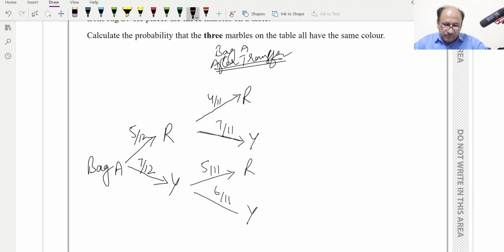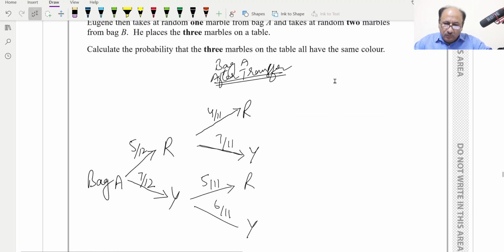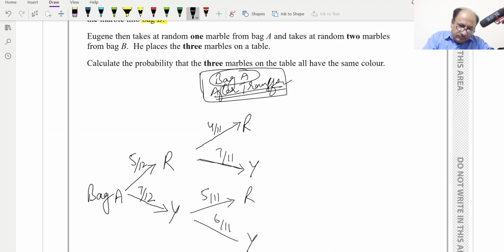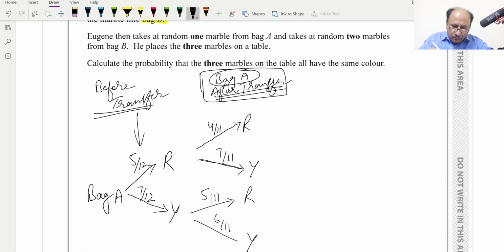So this will be the situation. Now this is after transfer. This situation is after transfer, but this is bag A, and this is before transfer. We can write here before transfer. Before transfer will be this probability, and after transfer will be this probability. Both are for bag A.